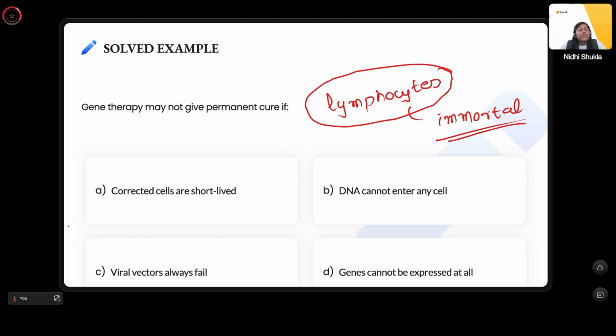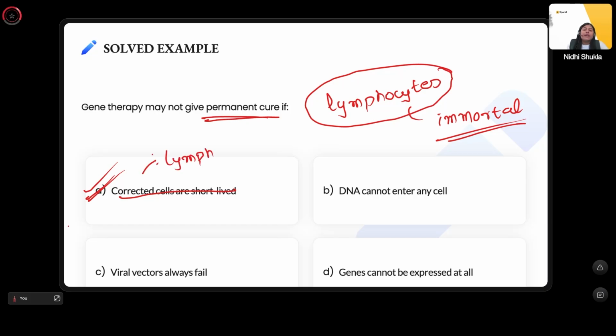So as your lymphocytes are not immortal, the corrected lymphocytes that you have introduced will die within a few weeks' time. So what do you need to do? You need to again and again do this process of gene therapy, where you introduce your functional ADA gene into lymphocytes. It is not a permanent cure because your corrected cells are short-lived. What are the corrected cells here?